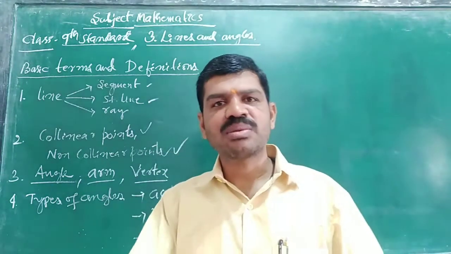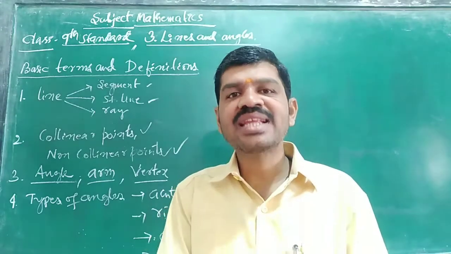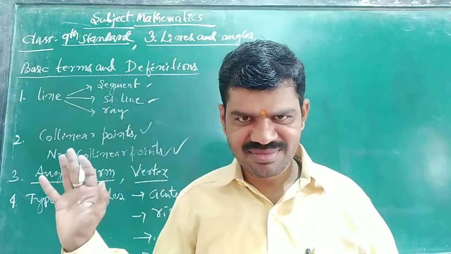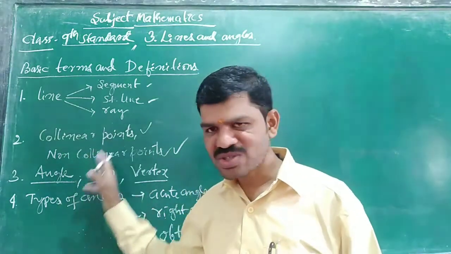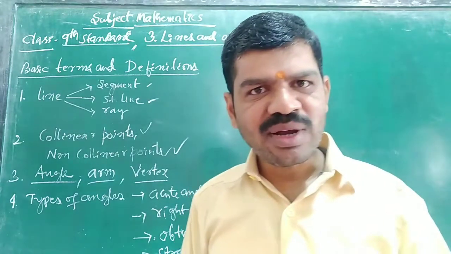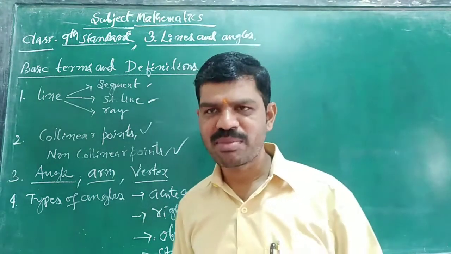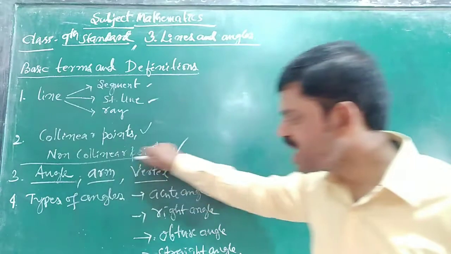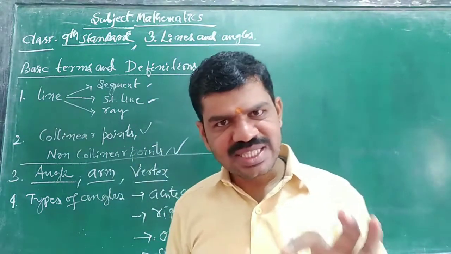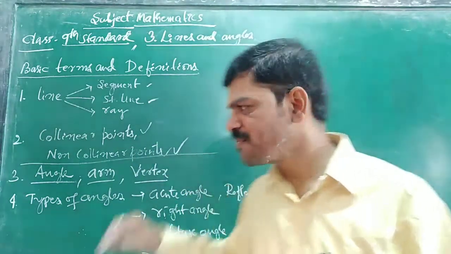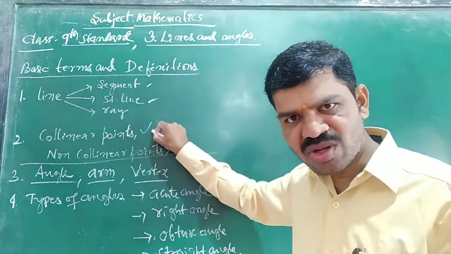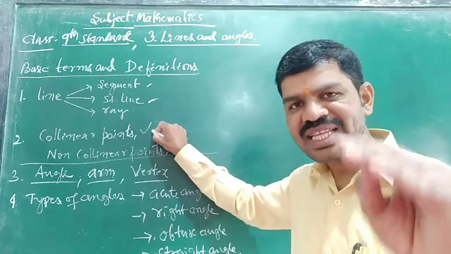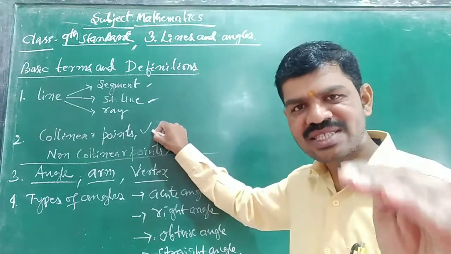Non-collinear points are the points which are not there in the same straight line. Fine. We have understood what are collinear points and what are non-collinear points. You can also write the definition for collinear points. See, collinear points are the points which are there in the straight line.